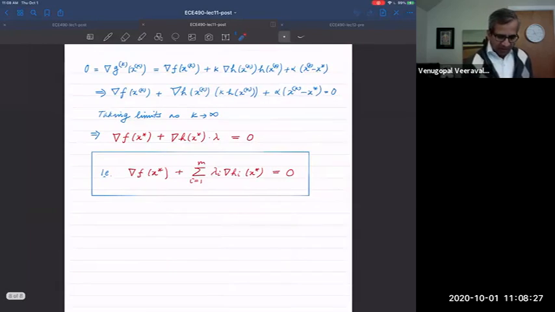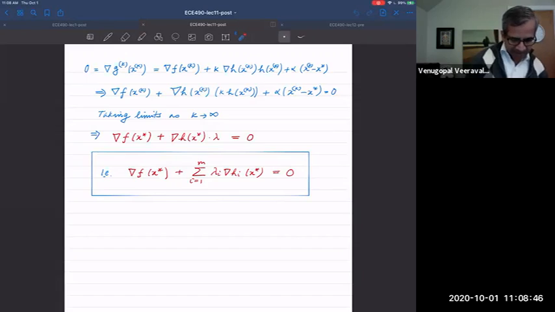We showed that if that's the case, then that lambda has to satisfy this equation. That's how we concluded that we have a Lagrange multiplier in the case that x star is regular. So, any questions about this?